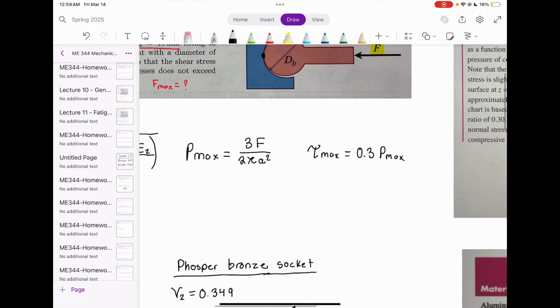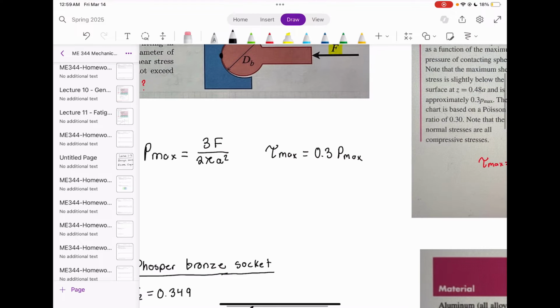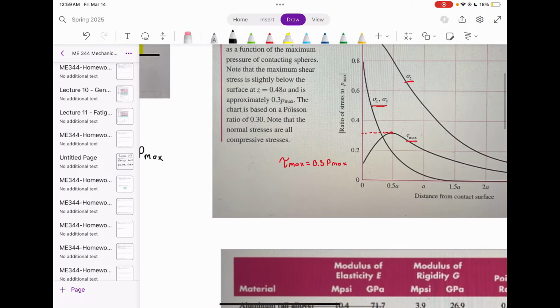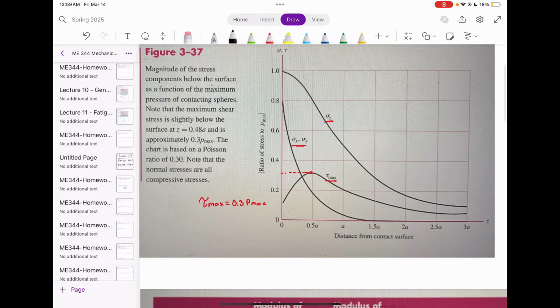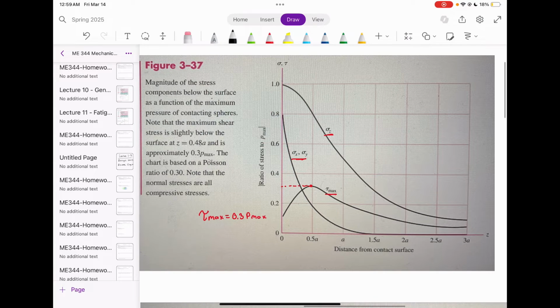The last relation can be read from a chart, which is over here. I already have a little written out, but it's a breakdown of the chart. It gives an understanding of the correlation between the P max, the maximum pressure right here, and what we're looking for, the max shear.